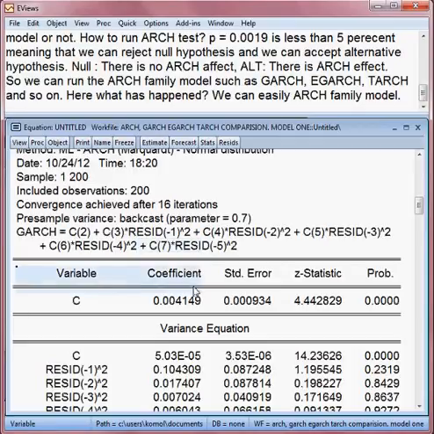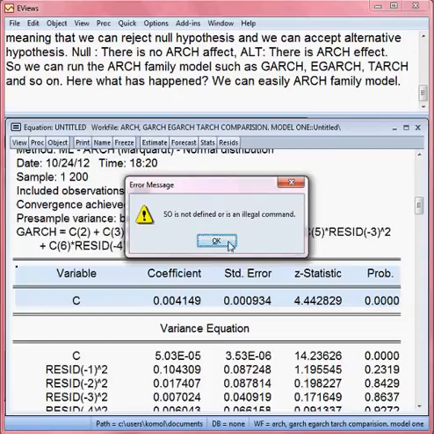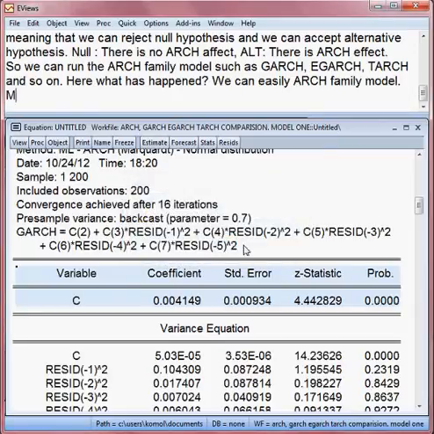And what is this part? This part is called the mean model, meaning that I can call it the mean equation, right?